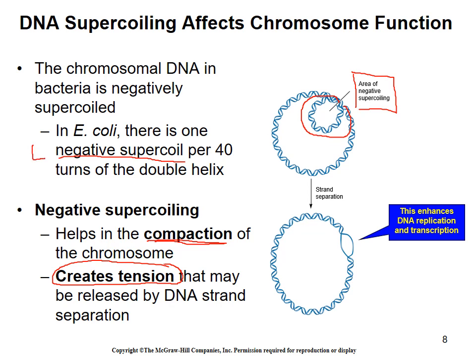So left makes the negative supercoils, and this allows you to create an area that can still be easily accessed whenever you need to do DNA replication and transcription, because the double helix will be able to separate into its individual strands.